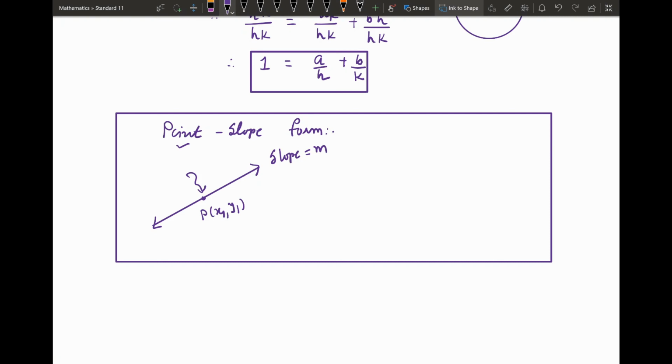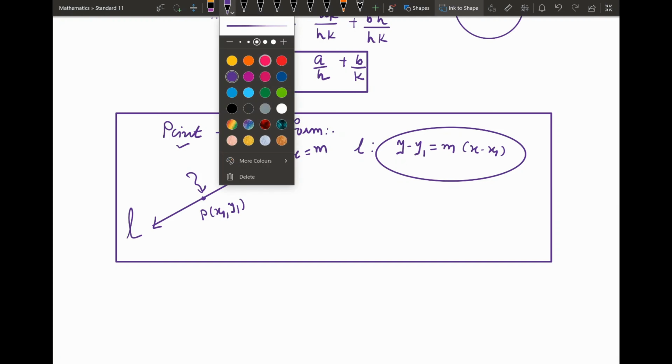So a point of the given line is given, and the slope is given. So for a given line, two things are known, one point and another is slope. That's why it is known as point slope form. Then the equation of this line L, the Cartesian equation, is given by y minus y1 equals m into (x minus x1).